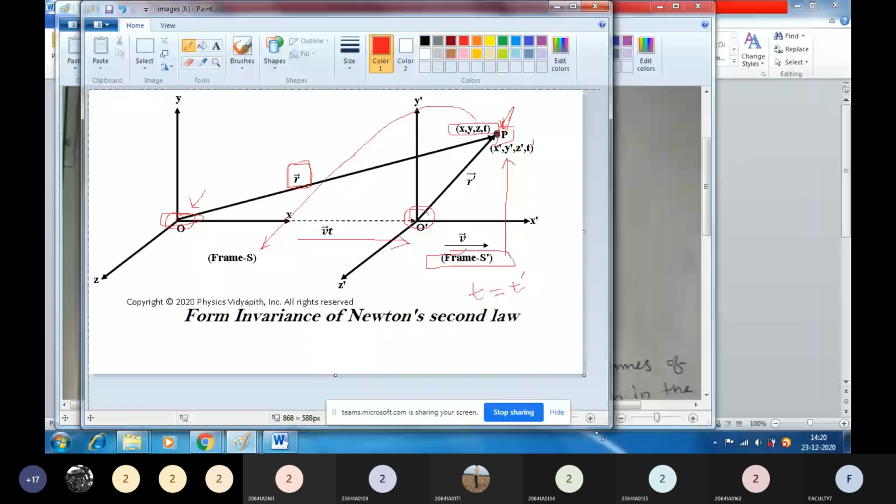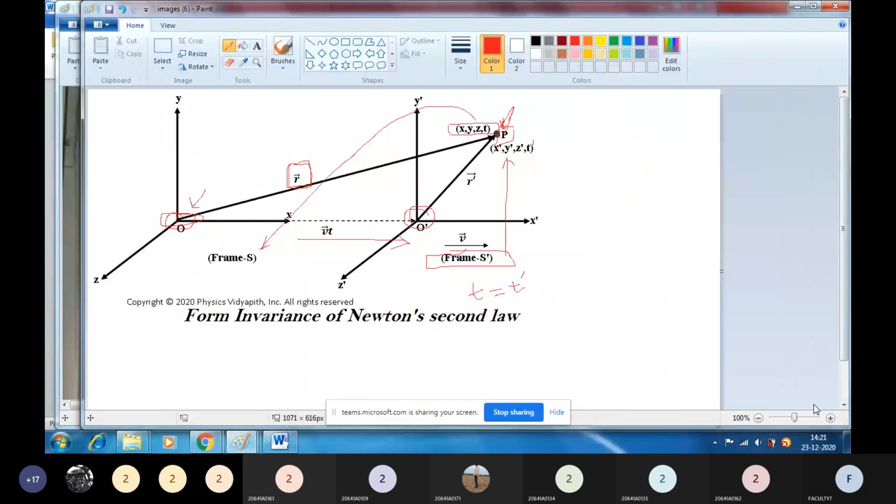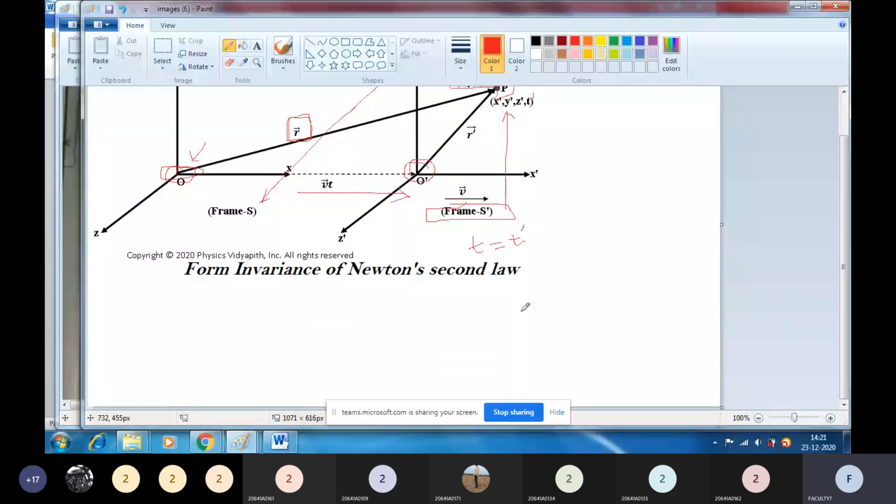Let us see what is going on here. First you draw the first frame. Now let us consider this as the first frame. Instead of the x-axis, if you go in this direction, it will be the x-axis.